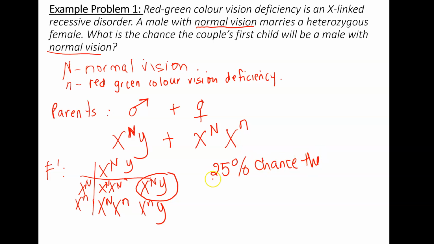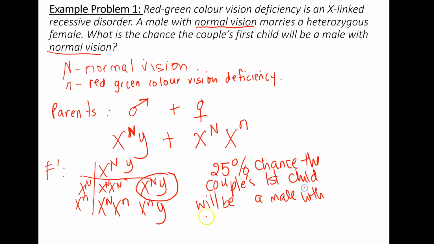The reason it's 25% is because you've got four different offspring there.